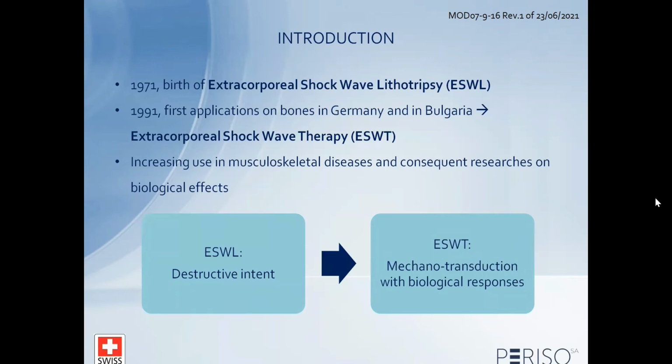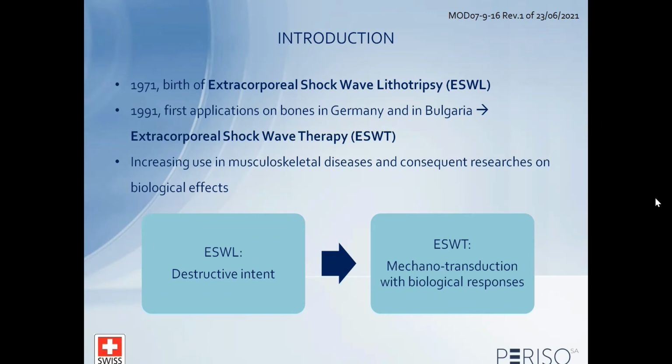To start talking about shockwaves and a brief history of shockwaves, in 1971, we witnessed the birth of extracorporeal shockwave lithotripsy. So shockwaves were born mainly to destroy kidney stones in the urology field. Some years later, there were the first applications of shockwaves on bones in Germany and Bulgaria. So we can start to talk about extracorporeal shockwave therapy in general.